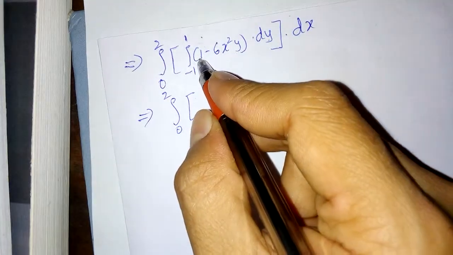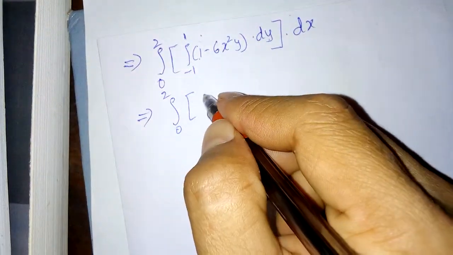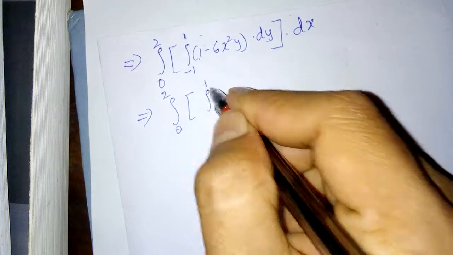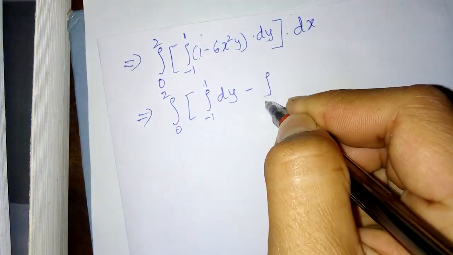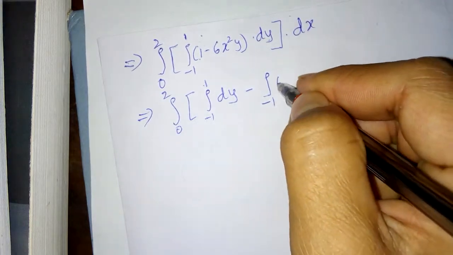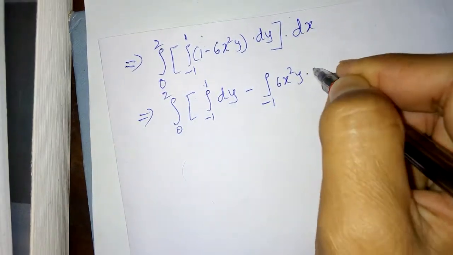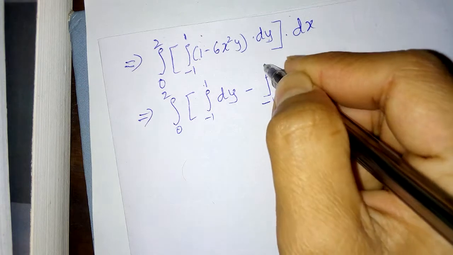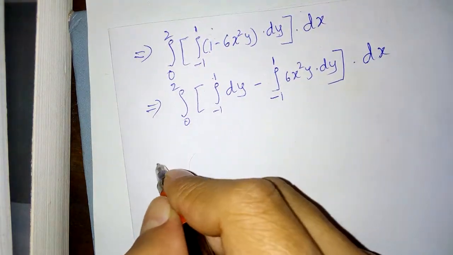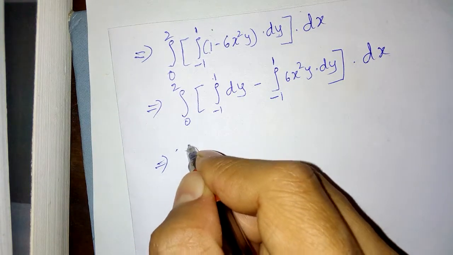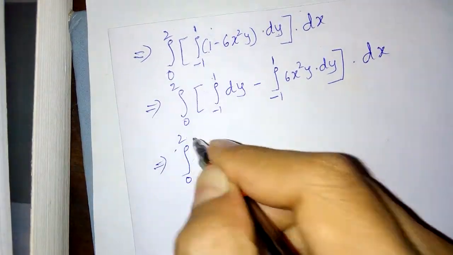Now the integration of 1 dy minus the integration of 6x squared y with respect to dy, from minus 1 to plus 1, into dx, from 0 to 2.